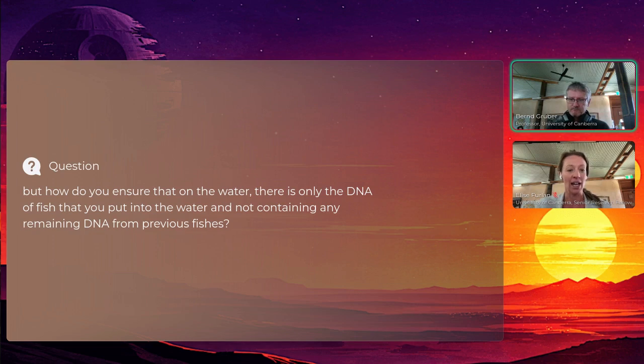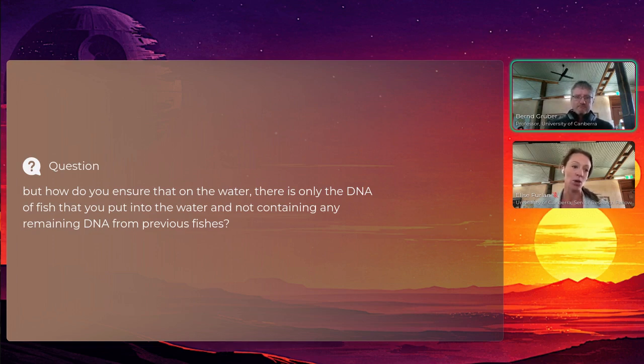There's a follow-up question: how do you ensure that the water you're using doesn't have DNA of other fish that can then contaminate your sample? My answer was that you don't want to scoop water from the pond that has hundreds of individuals, because you'll get DNA from hundreds of individuals in that water source. So you want to use some other form of clean water.